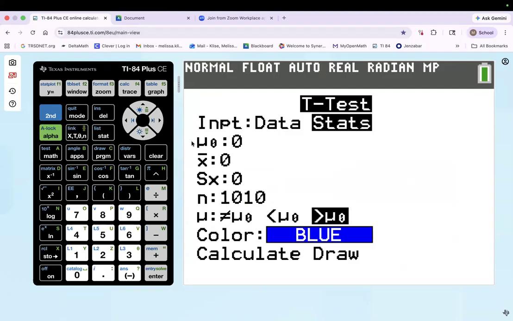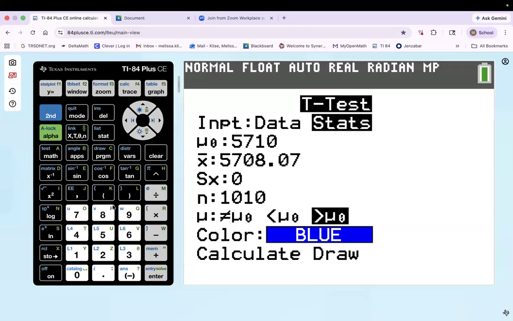I need to go back because I don't remember my numbers. Okay, my mean is 5710. That is my null hypothesis. It has the little knot next to it, and now we have our X bar, 5708.07, and it gives me a standard deviation.